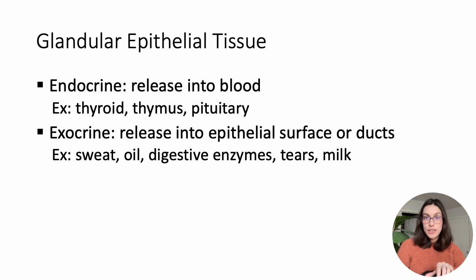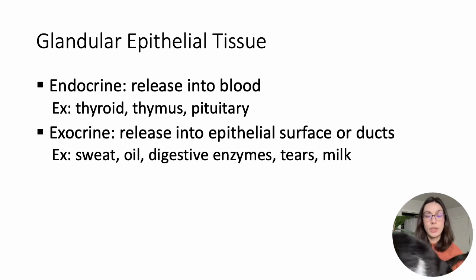Endocrine glands are glands that release products directly into the blood. And the products that are released into the blood are called hormones. So if something's released directly into the blood, it's called a hormone. And these glands are part of the structures: thymus, thyroid, pituitary gland. Okay.